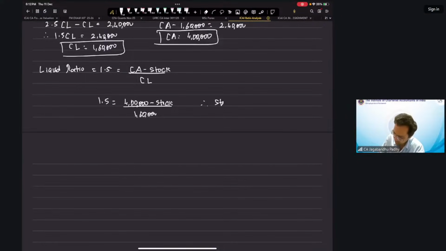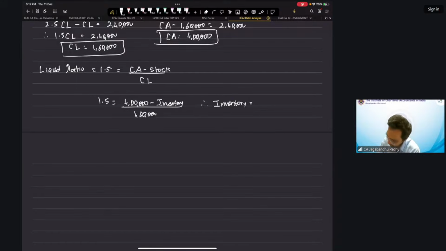So when you solve this, what is the stock or inventory that you're getting? What's the value of inventory, guys? 1 lakh 60.